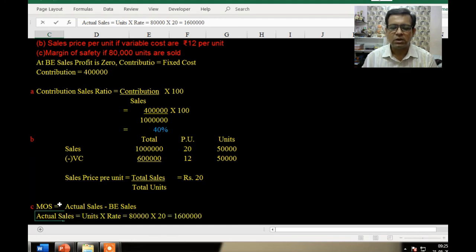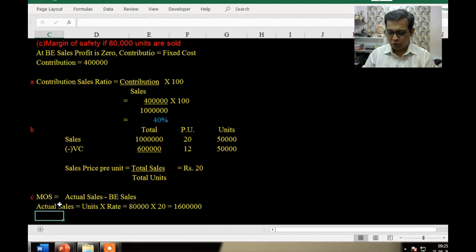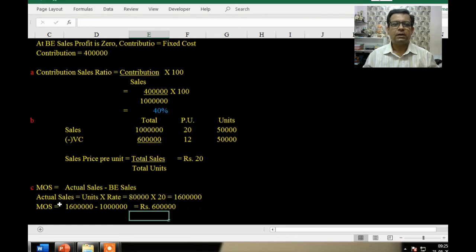Have I got zeros correct? Yes, 16 lakh rupees. So our margin of safety will be equal to 16 lakh minus 10 lakh, which is equal to rupees 6 lakh. That's it, guys.